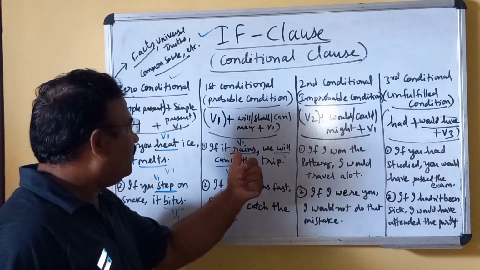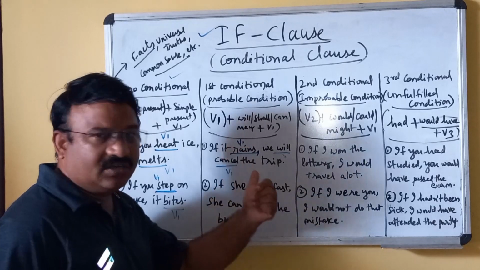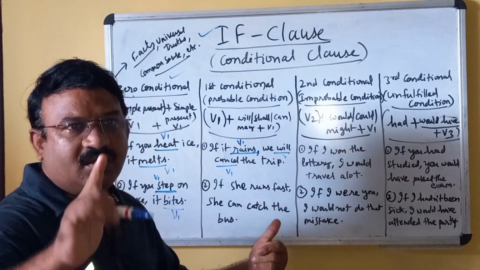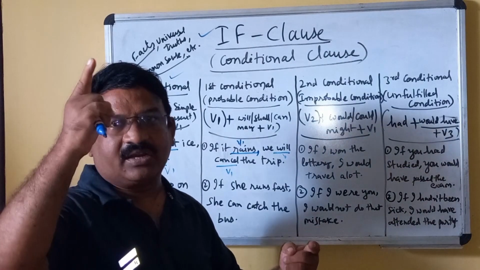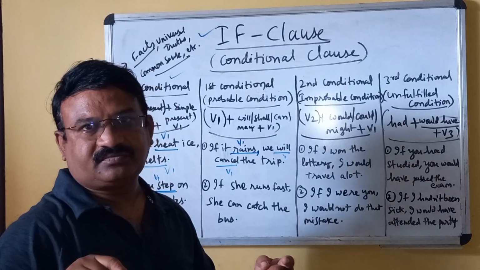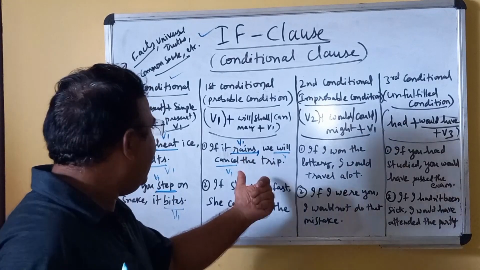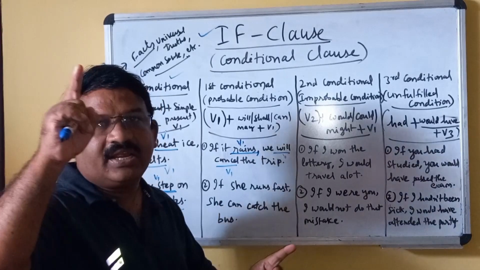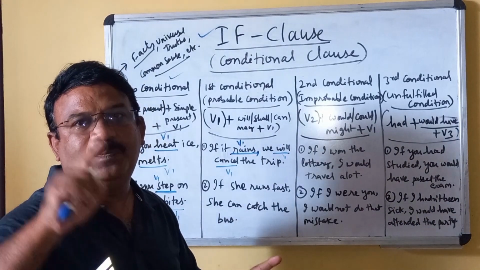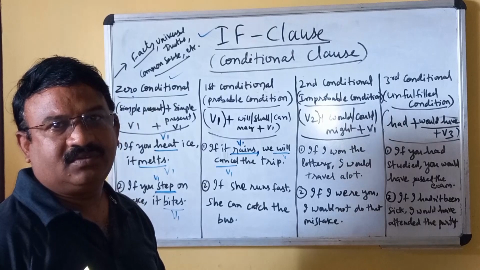So when the conditional clause is V1, the main clause will be will or shall or can plus V1. Here, if it rains V1, we will cancel the trip, will plus V1. Understand?